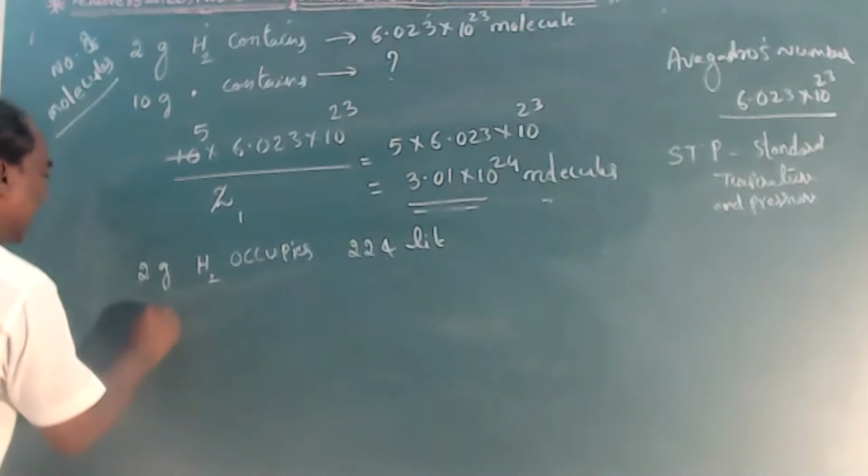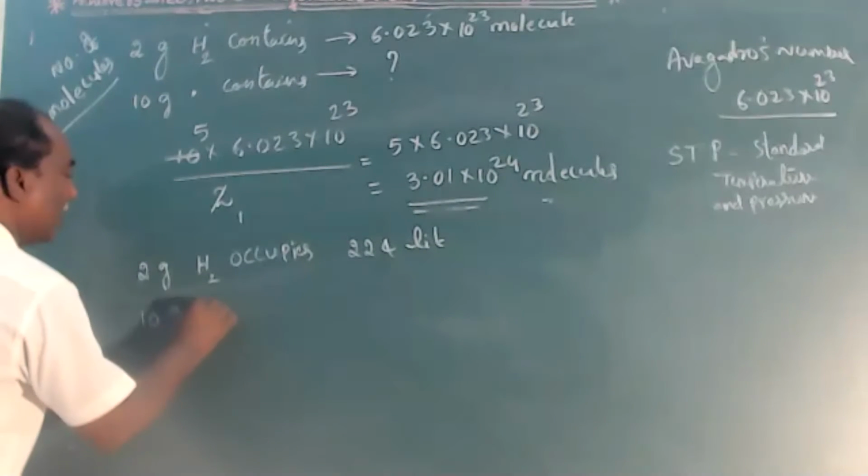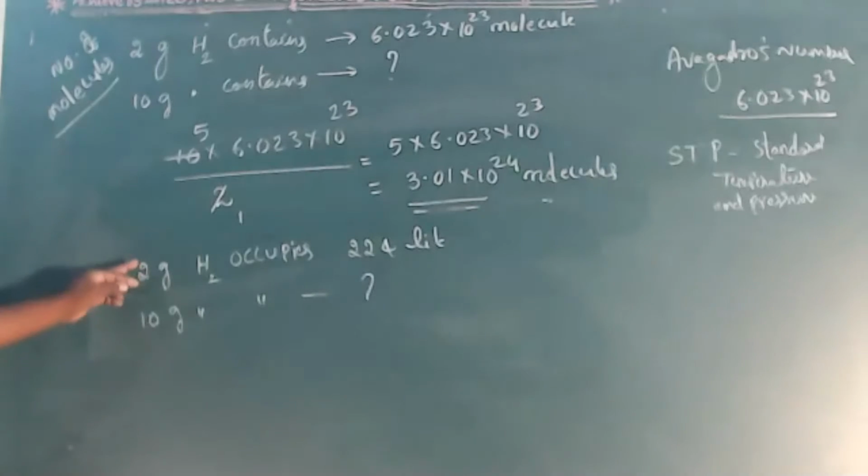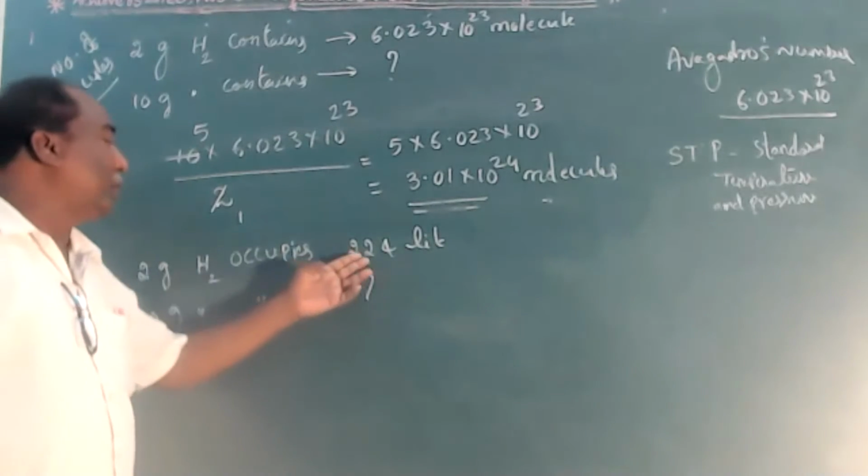Then 10 grams of hydrogen occupies how much? 2 grams of hydrogen occupies 22.4 liters.